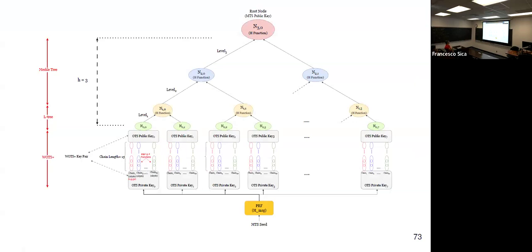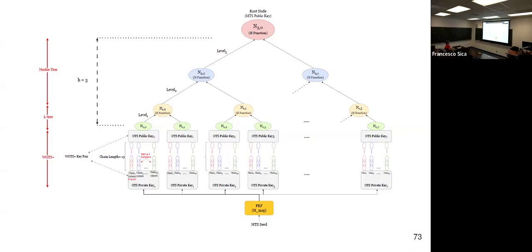So in the XMSS signature, we have the index of the WOTS private key that was used, a random value for message hashing, the WOTS signature, and the authentication path to share with the verifier.